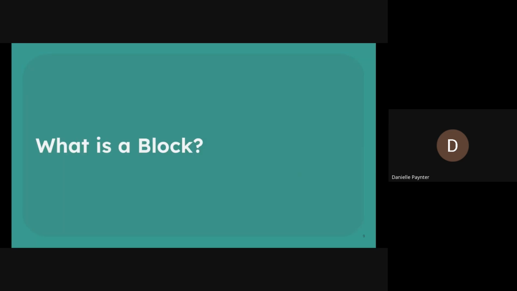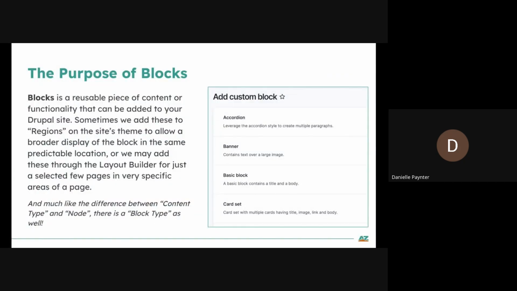And that leads us to blocks. Well, what is a block? Blocks are a reusable piece of content or functionality. Some people actually run scripts and blocks that can be added to your site. We add these sometimes in what we call regions, which are part of the theme that we use on the Drupal to make things look pretty.